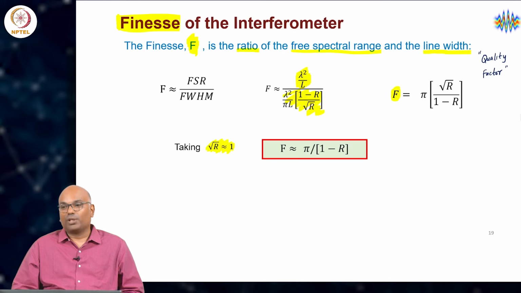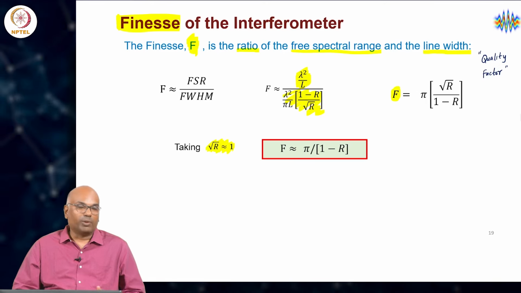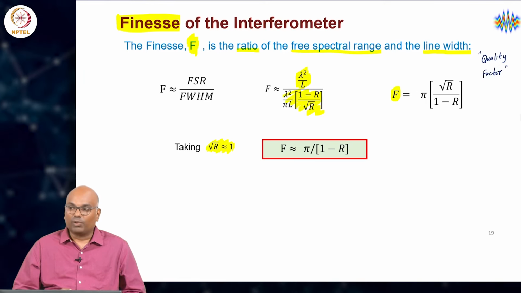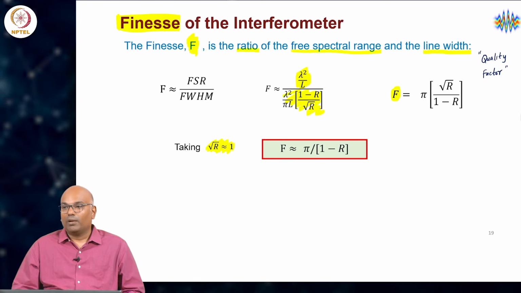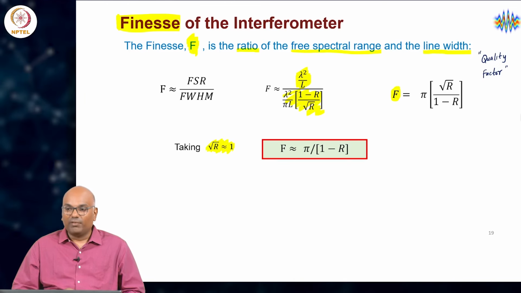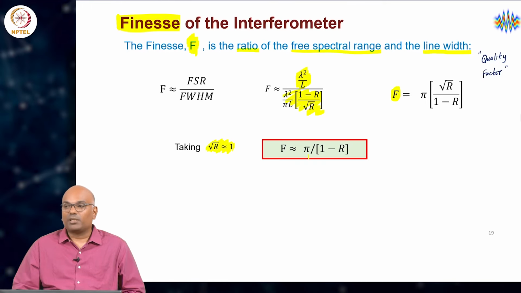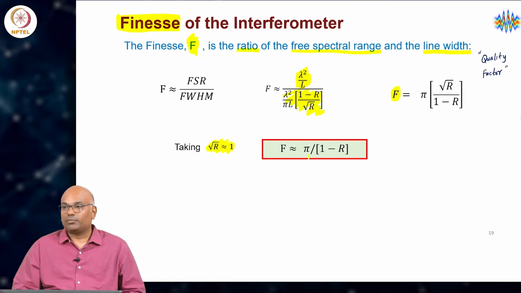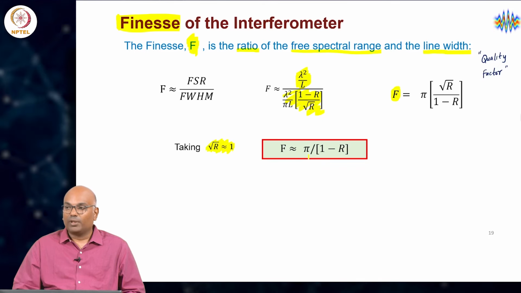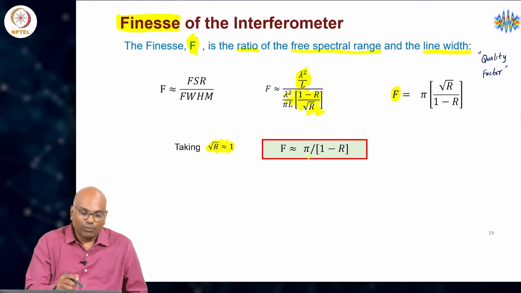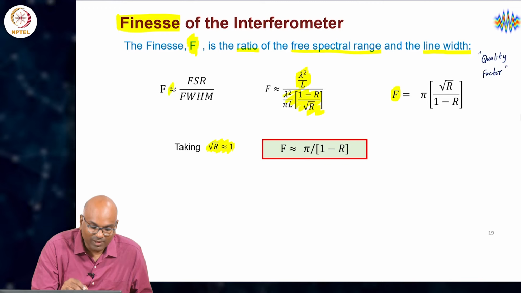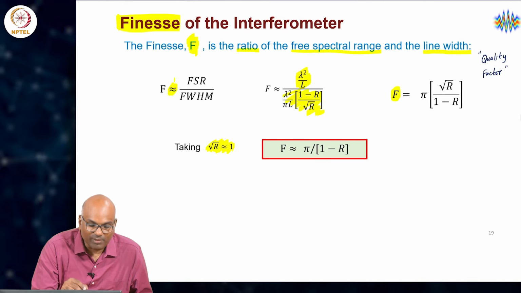It is a textbook Fabry-Perot, a textbook Etalon, a textbook optical cavity. In real life, it is 3-dimensional, and there could be other aspects that go into determining the finesse, which is why we have sneaked in an approximation symbol over here.